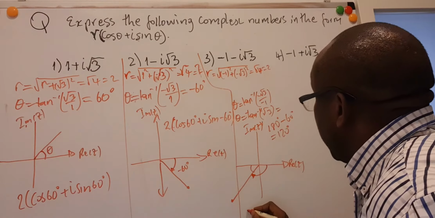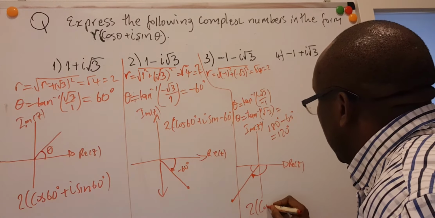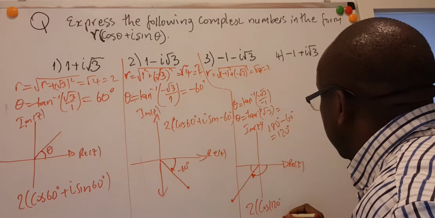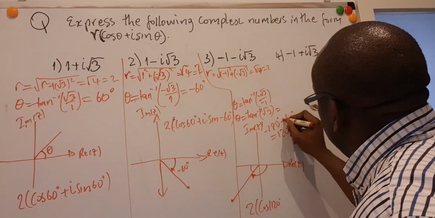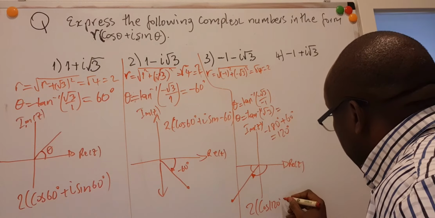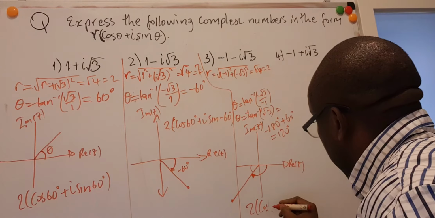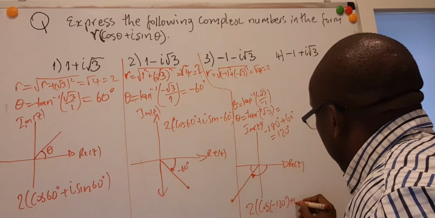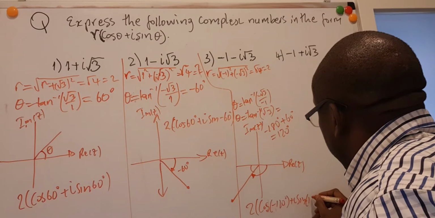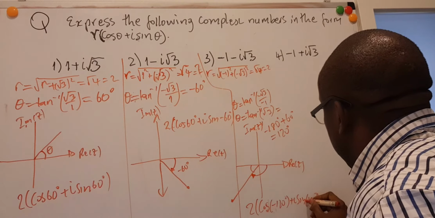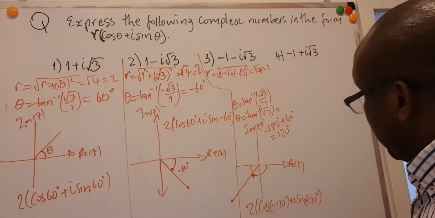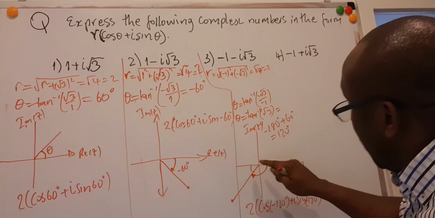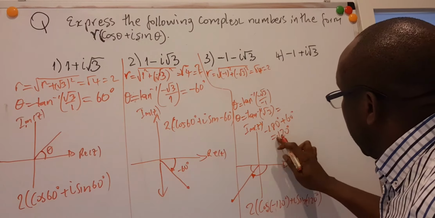So our complex number then will be 2 into cos of minus 120 degrees plus I sine minus 120 degrees. So you are in the opposite direction, so you should get minus there.